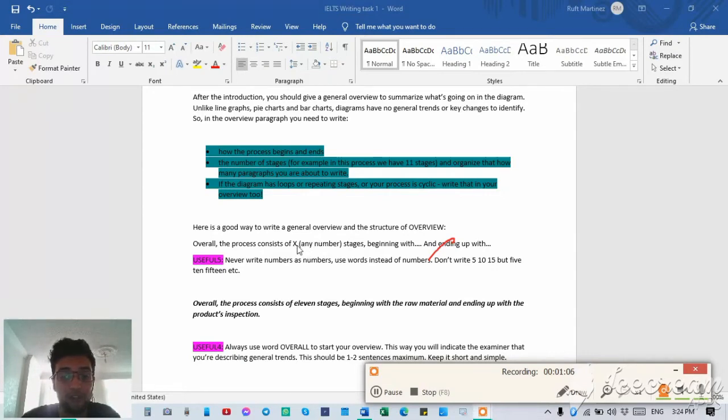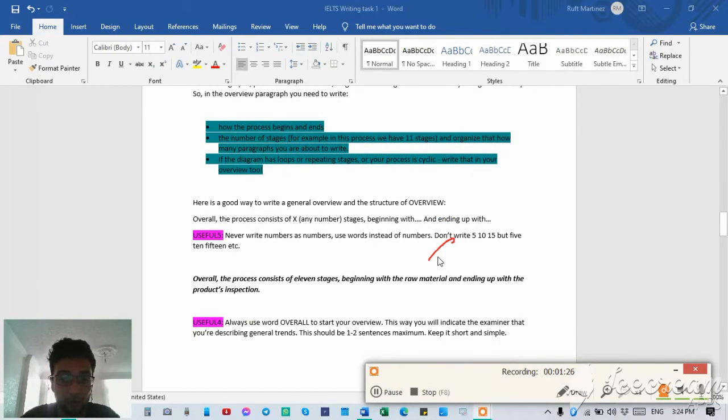You have to mention how many, or you can say there are 11 stages, or the process consists of 11 stages, beginning with something and ending with the last stage. Next time you write about a diagram, use this sentence as your overall start.